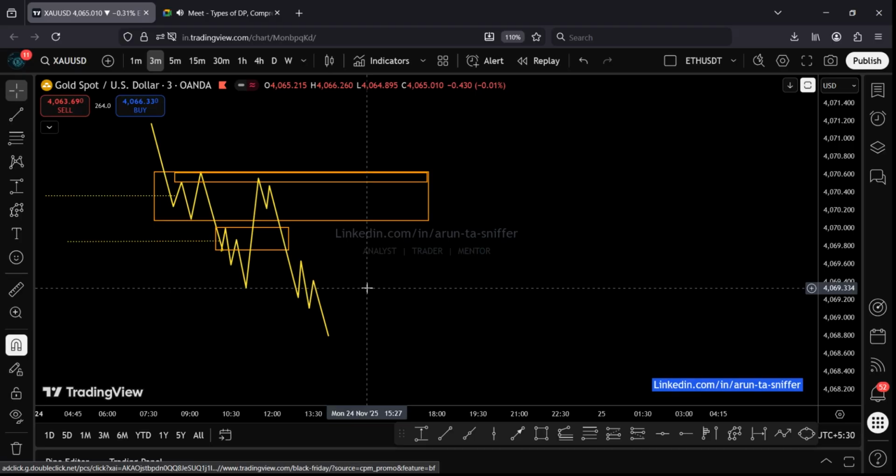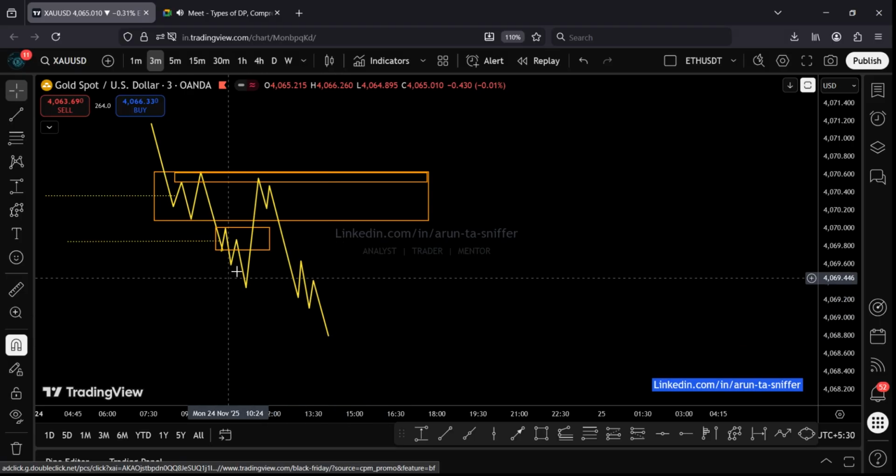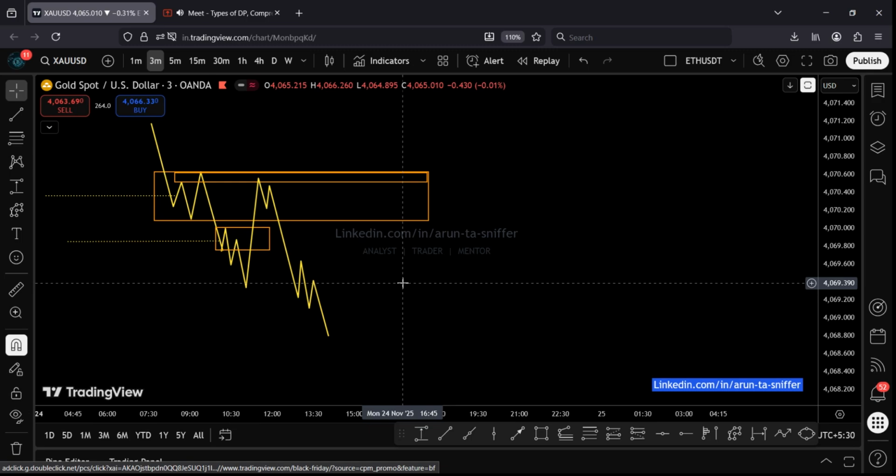Many times our OR or origin is also MPL. Okay, what will price do? You see this is the fake zone, and most of the time you will realize that this is a fake zone, right?